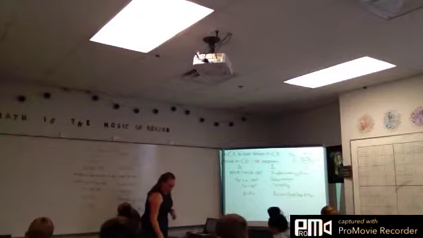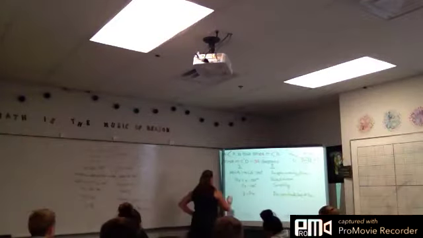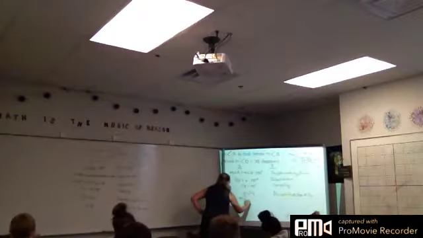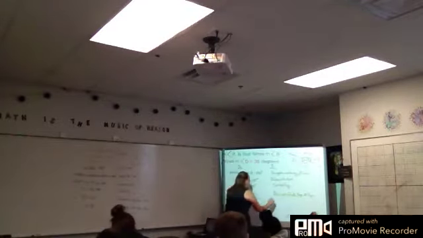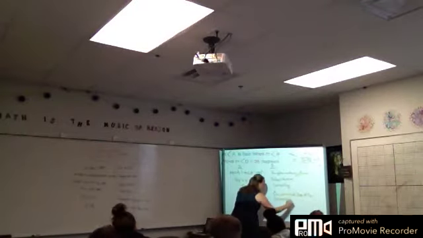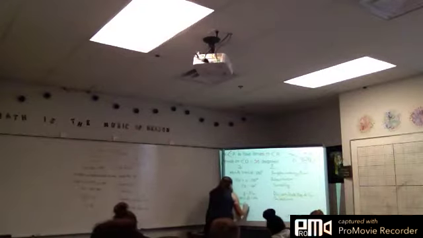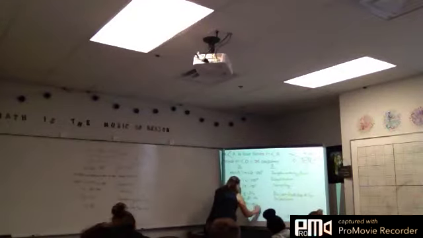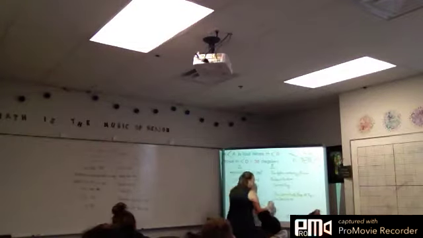Okay, so I have to show that I understand that. You have to say, okay, the measure of angle B is 36 because I subbed it in. And then you have to say the measure of angle B equals the measure of angle D because they are vertical angles.